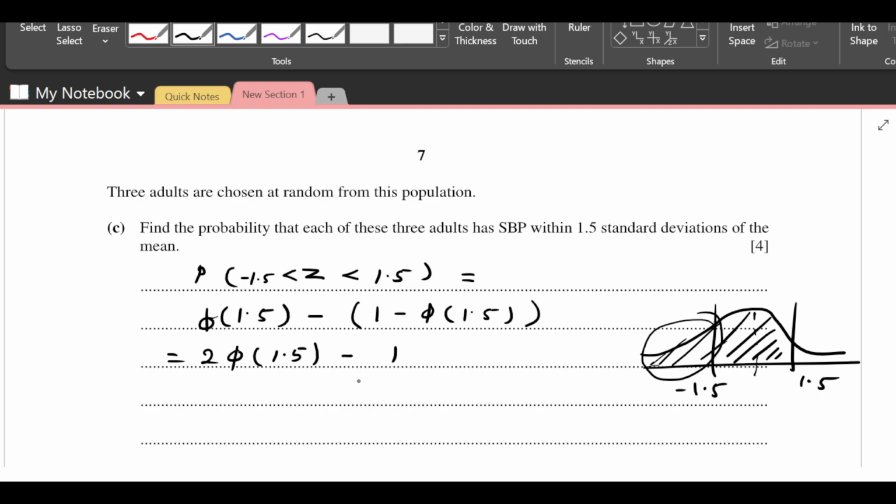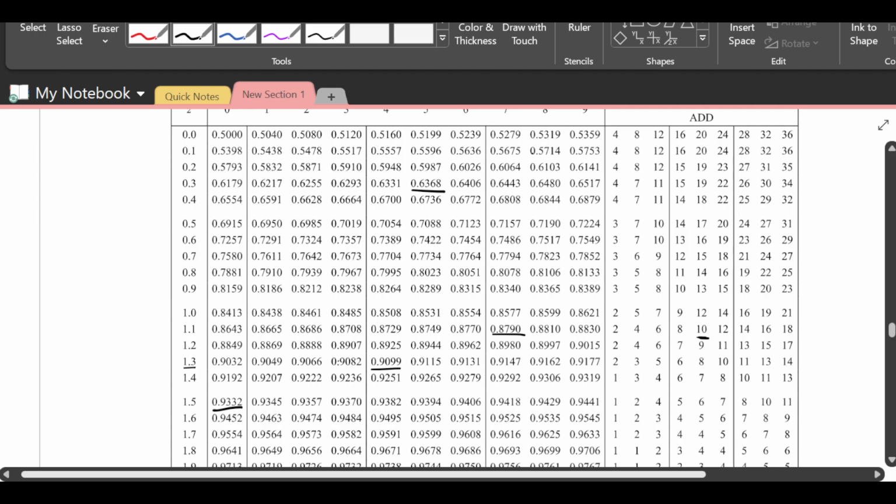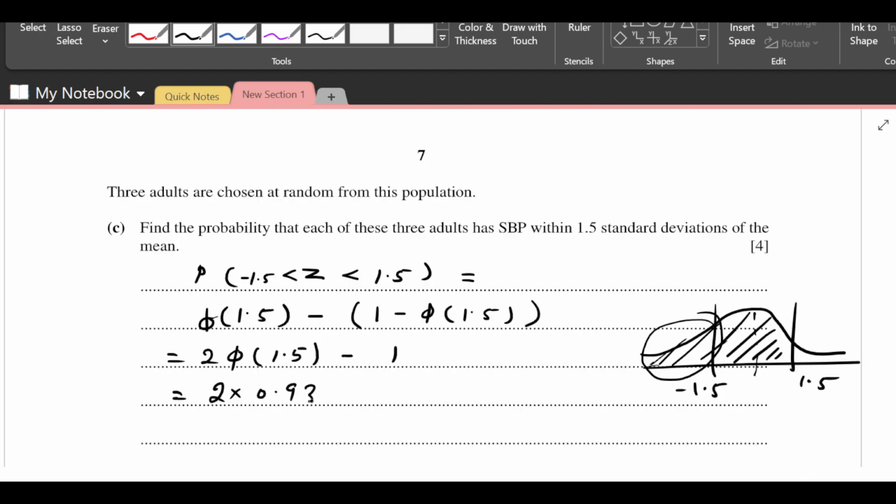Now phi of 1.5 is 0.9332. So 2 times 0.9332 minus 1 is 0.8664.